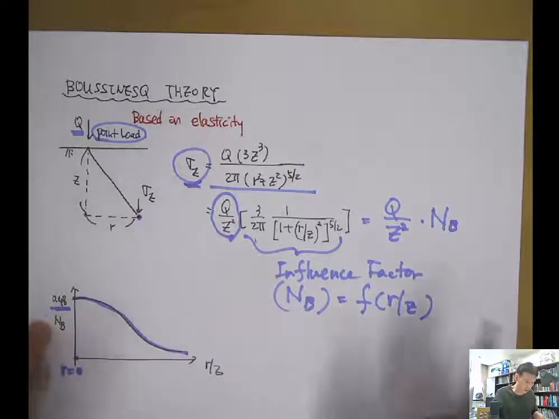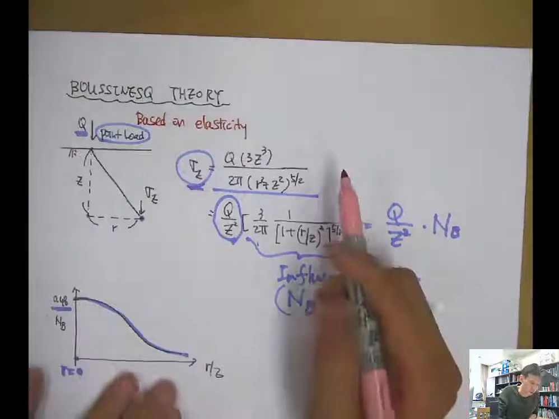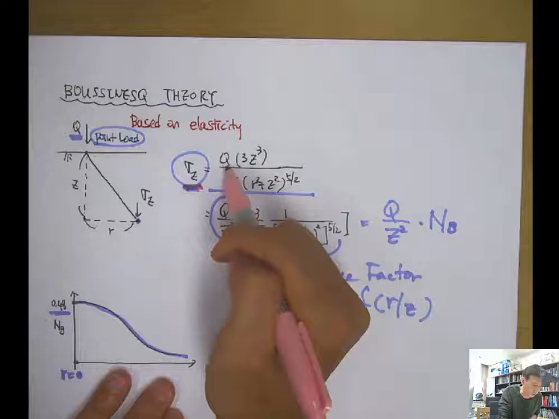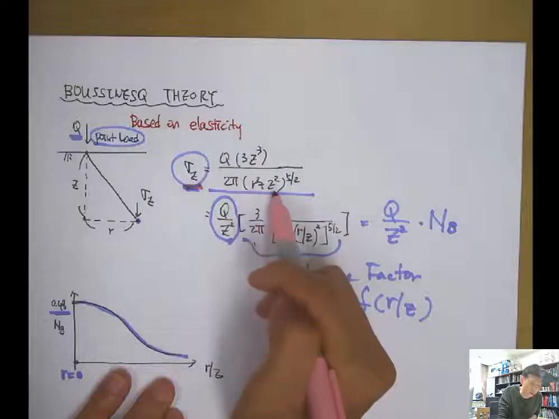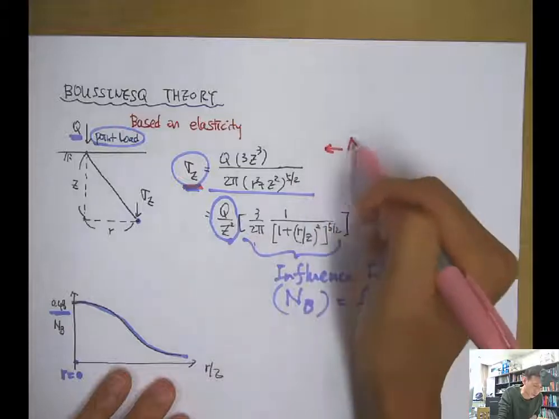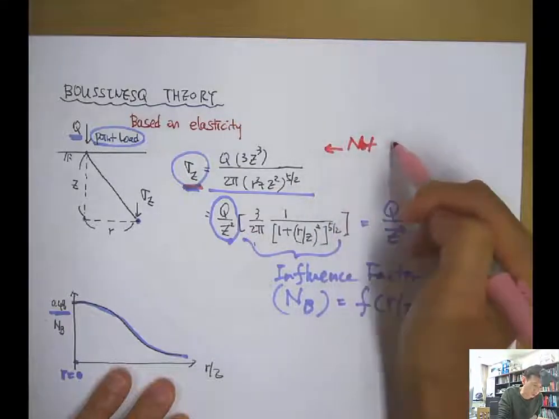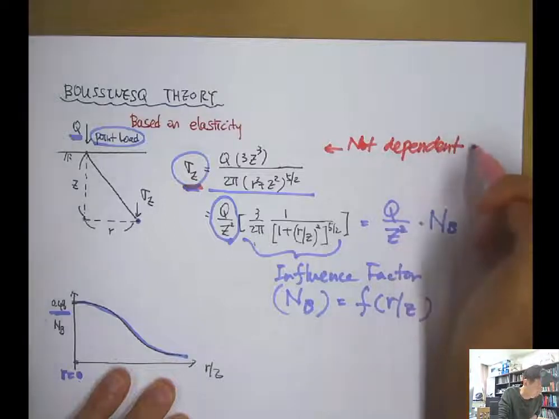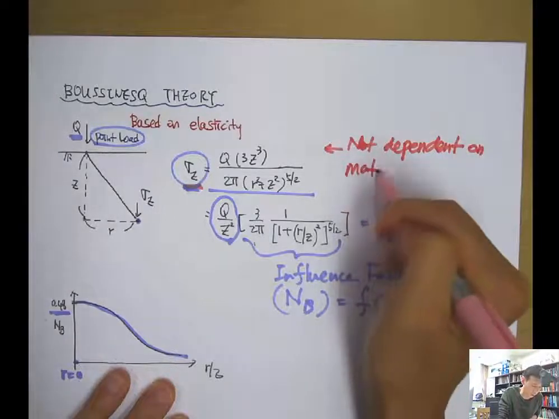Then, one more thing to note is that when you look at the stress increase, it's a function of Q and the R and Z, which is geometric parameter. So it's not dependent on material property.